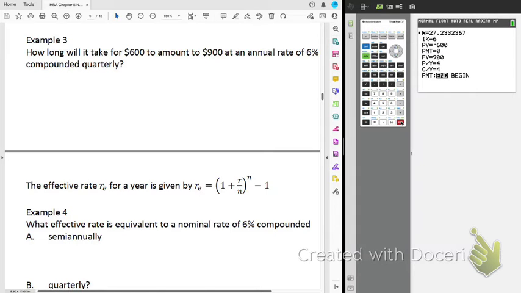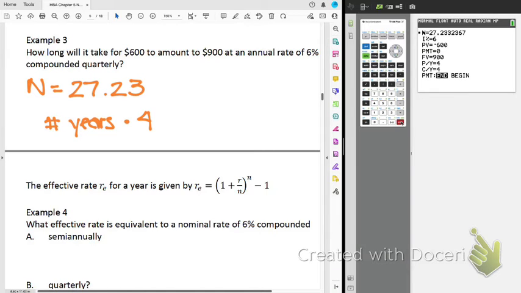Okay. So the one twist on this one is this. I've got n is 27.23, but remember what we defined n to be back when we wrote up what all these were? N is 2 things together, right? N is number of times compounded per year times the number of years. So that's not my number of years. So to get that number, I did number of years times how many times were we compounding per year? 4.